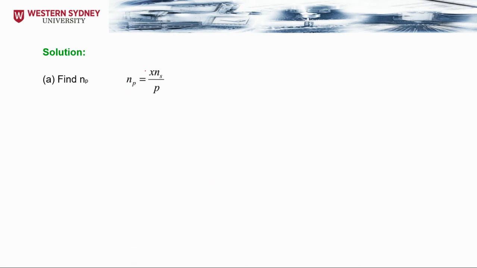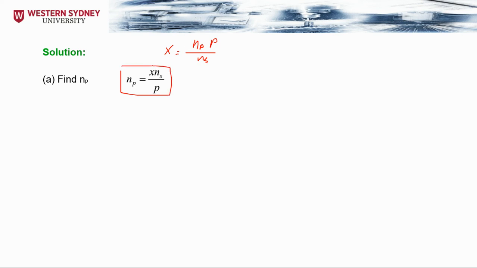So we remember that the equation for x is the following. x is equal to Np multiplied by the pitch value divided by Ns. So we can rearrange the equation to find the value for Np here.